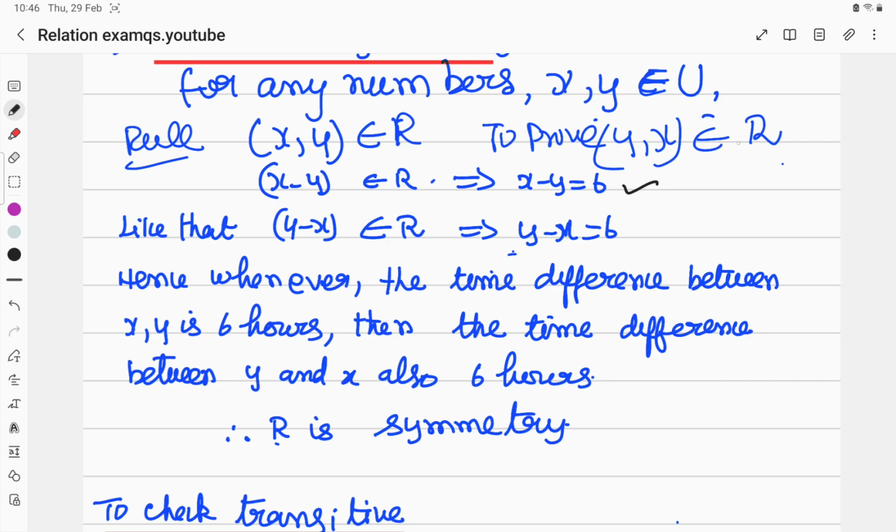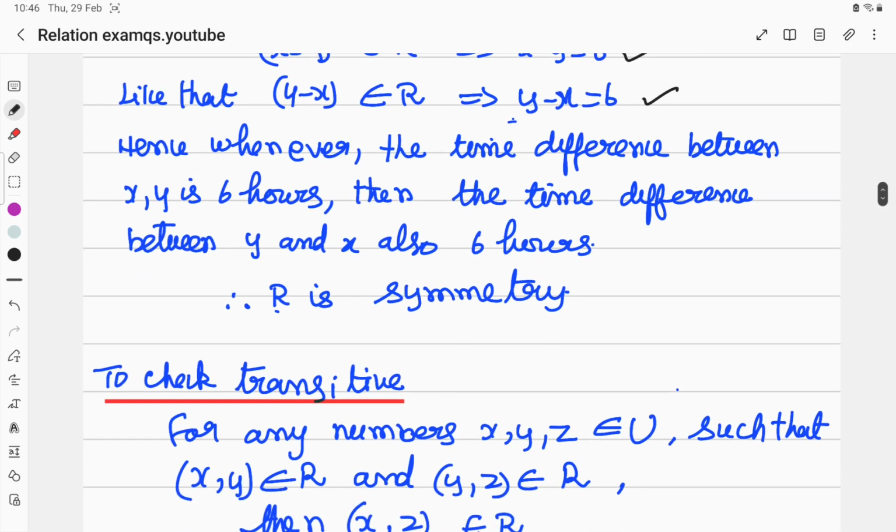For (y, x) belonging to R, y minus x is also 6. Hence, whenever the time difference between x and y is 6 hours, then the time difference between y and x is also 6 hours. That is, R is symmetric.